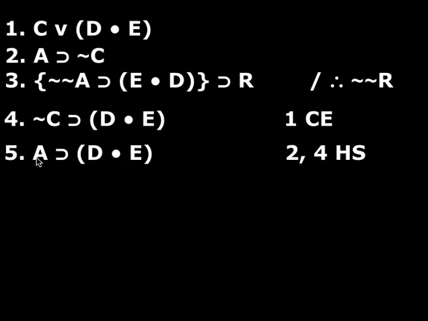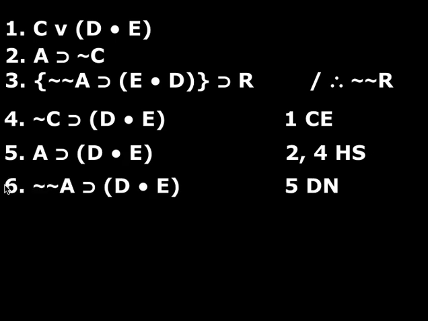Now what I'm going to do is work on this with the replacement rules to turn it into this. Okay, first thing I'm going to do is that I don't want A, I want not A. So I can use double negation on the antecedent there to get if not A, then D and E. Almost there.